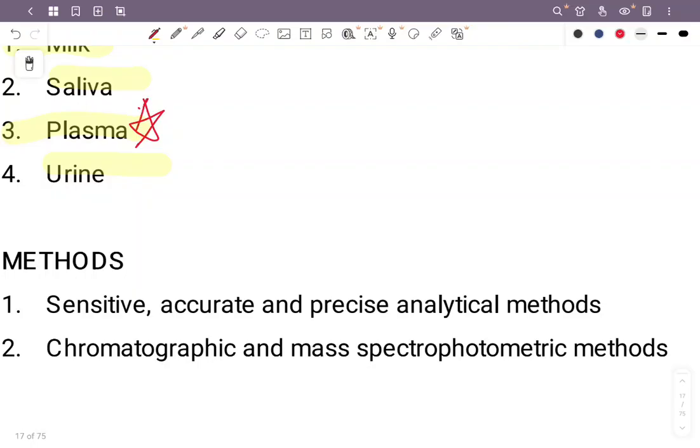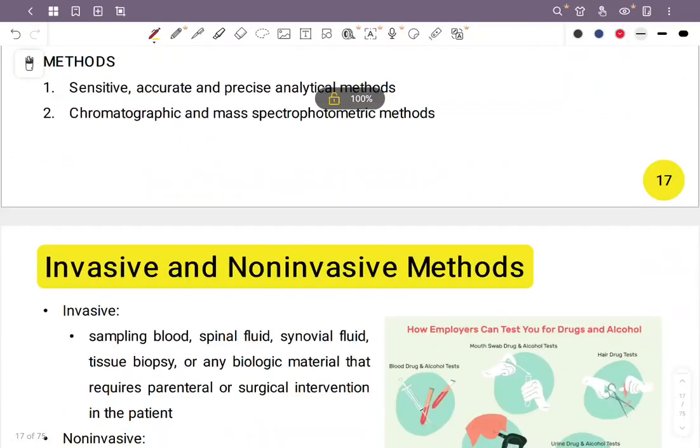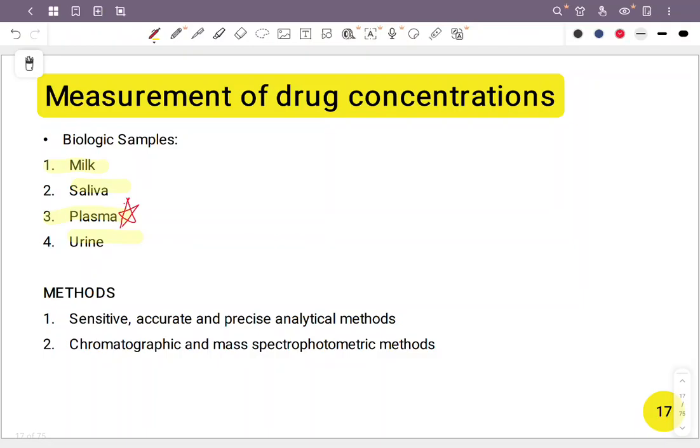So, mao na siya ang gold standard when it comes to biologic sample for drug concentration measurement. Then, ang mga methods diri, we have sensitive, accurate, and precise analytical methods, and chromatographic and mass spectrophotometric methods.